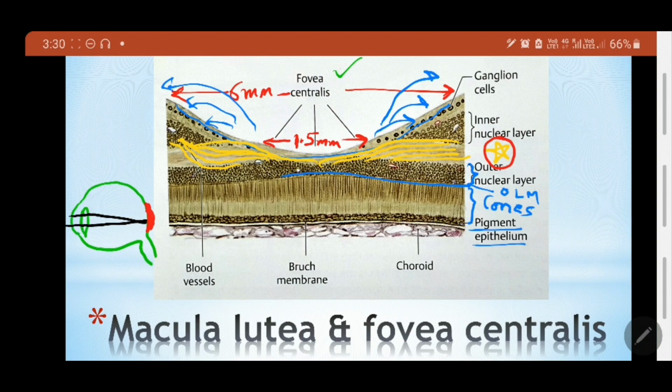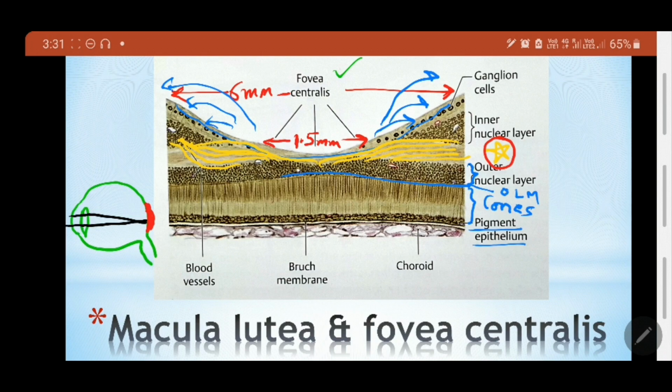That means what are the layers you'll find in the fovea centralis? It will be 3 layers, and the outer plexiform layer will be obliquely placed, pushed to the lateral sides. What else should I tell about this important thing, the fovea centralis, the area of highest vision?